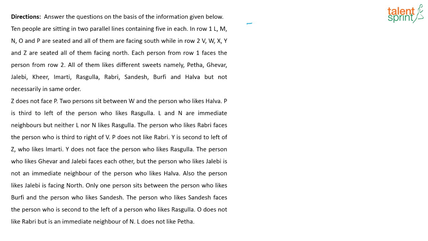So we are back. There were two rows, this row facing down and this row facing up. L, M, N, O, P will come here, V, W, X, Y, Z will come here on the second row. What was the information we started with?